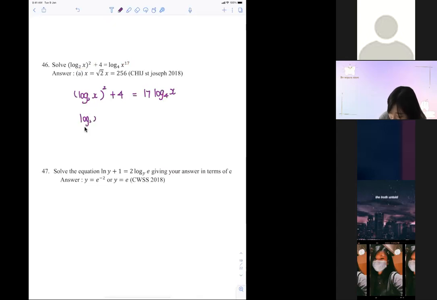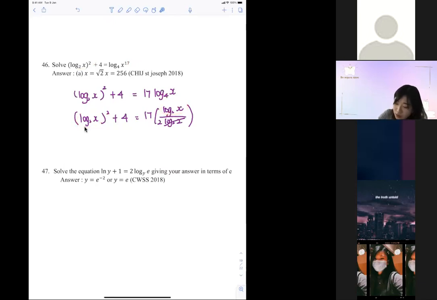So I change to log 2 over log 2, X on top, 4 below. 4 is 2 squared. Okay, then cancel. I got log 2x whole thing squared.